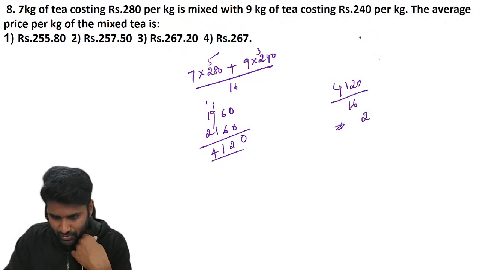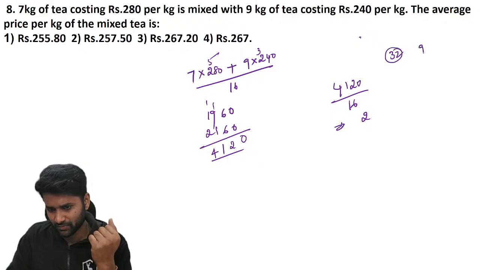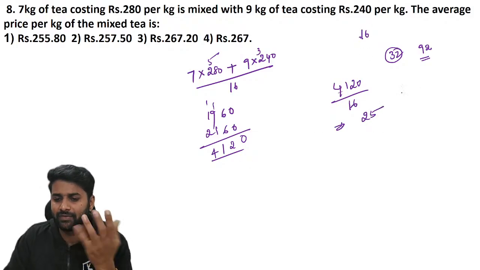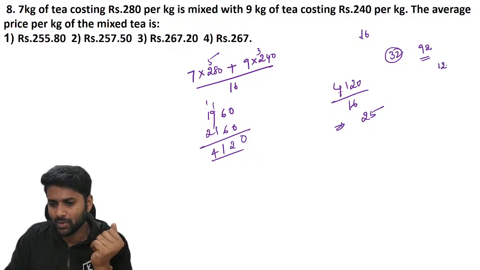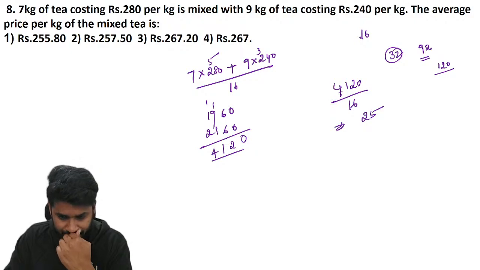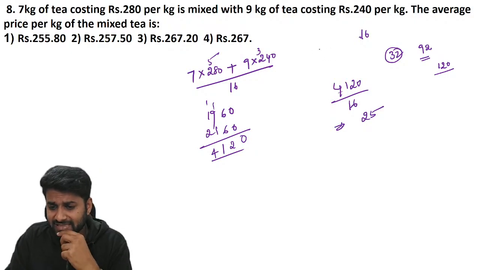So 16 into 2, 32. We have 9 values. Up to here 9 values. Again 92. Now 16 into 5, we got 80, then we are left with 120. So we have to take this 0 also. Next one. So 16 into 6 times is 96. So 96 means again 24 values are left.